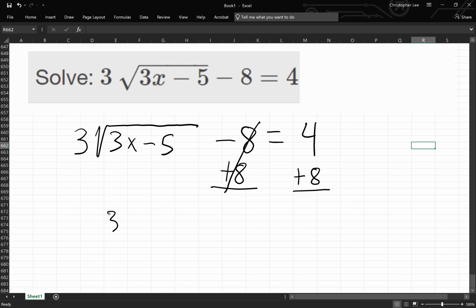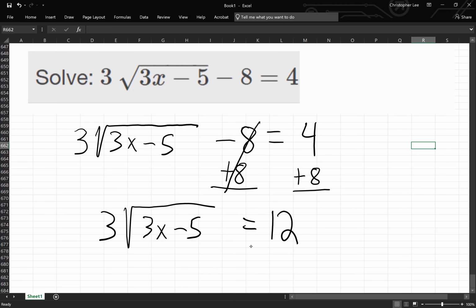Right? So now I have 3 times square root of 3x minus 5 is equal to, what's that? 12, right? Technically speaking, I could just divide that 3 on both sides and I'm back to square one, right?